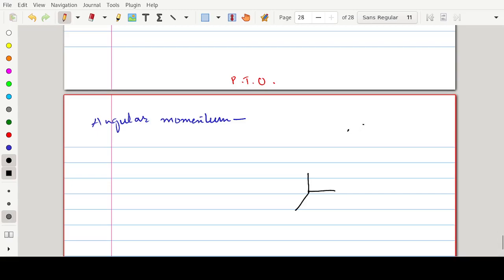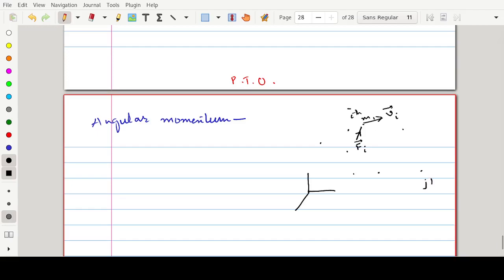So there are various particles in your system. So say this is ith particle which has velocity vi, mass mi, and external force acting on this particle is Fi.